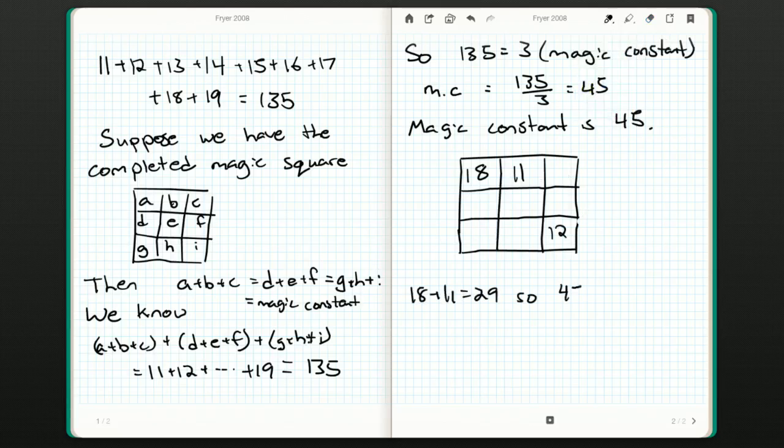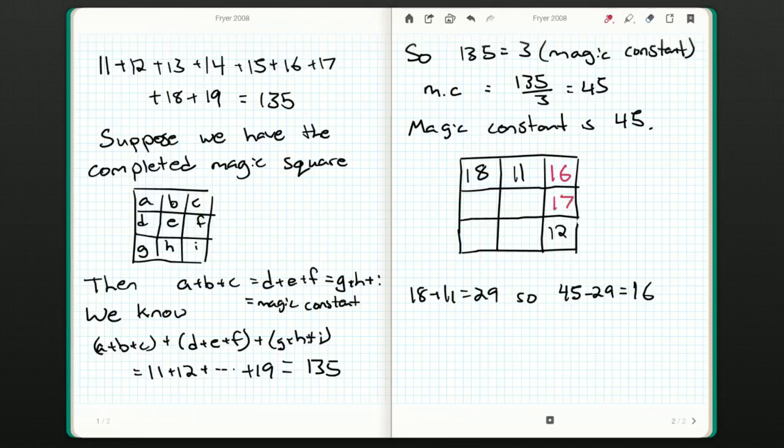So 45 minus 29, that needs to go right here. Otherwise, this doesn't add up to 45. So what do we get? 45 minus 29 is 16. So we know 16 belongs in the top right corner. I'll add this one here and then I'll explain it.